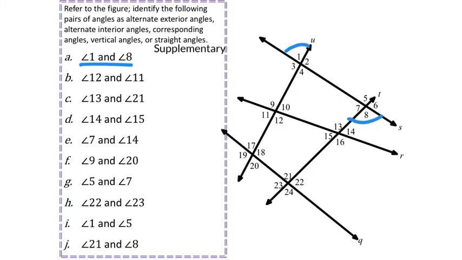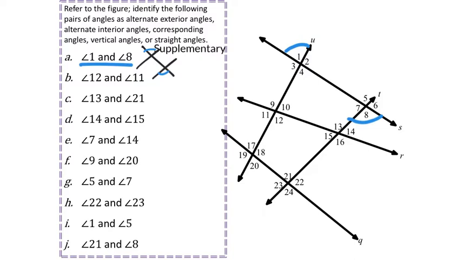Because if you look at angles 1 and 8, what we end up with is a diagram, not perfect, but we have this line here, and then two lines like this. Angles 1 and 8 are here and here, okay?